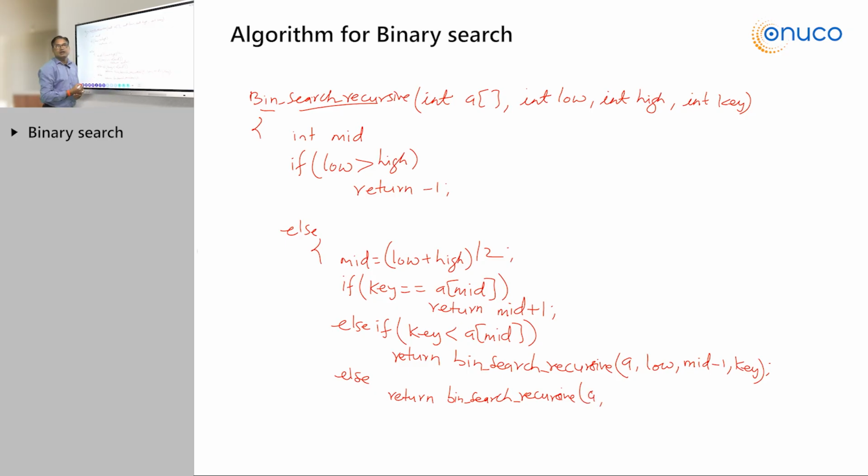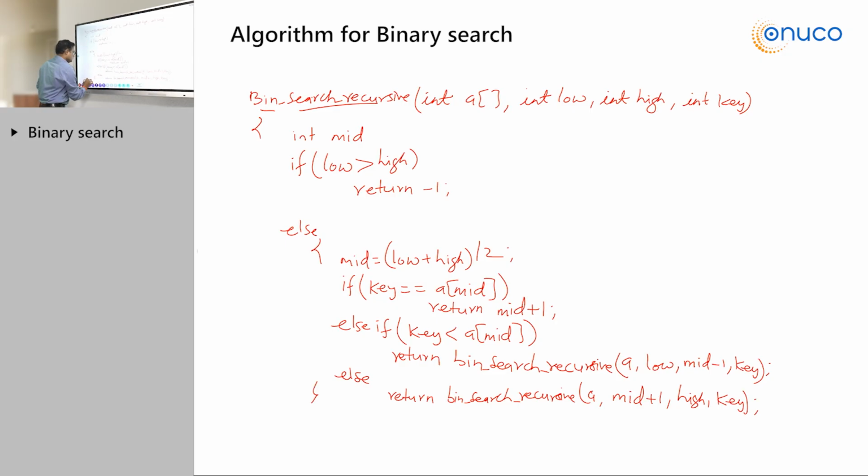A is the name of the array. Key is greater than a of mid. It means the low index will change. Low will be mid plus 1. And what is the high index? High will remain high, and the key element is as it is.